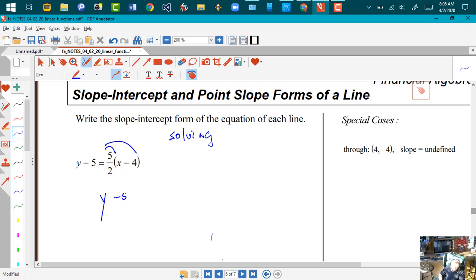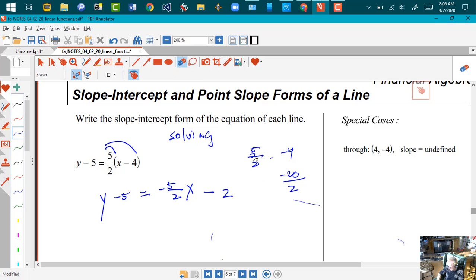So I'm going to get y equals negative 5 halves x, and then negative 4 times 5 halves is going to give me minus 2, because 5 halves times negative 4 is negative 20 over 2, which is just, let's see.